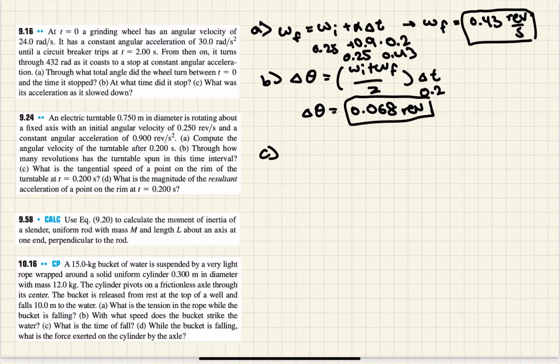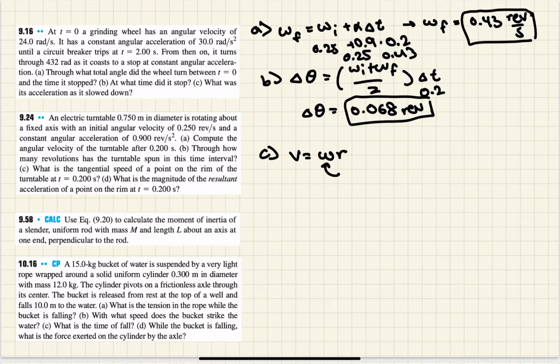All right. Part C. Now we convert to radians. So we just do 0.43, because it's asking us for the tangential speed at 0.2 seconds, so that's the final one. 0.43 times 2 pi. Now, we could save us some calculations and just calculate v is equal to omega times r.